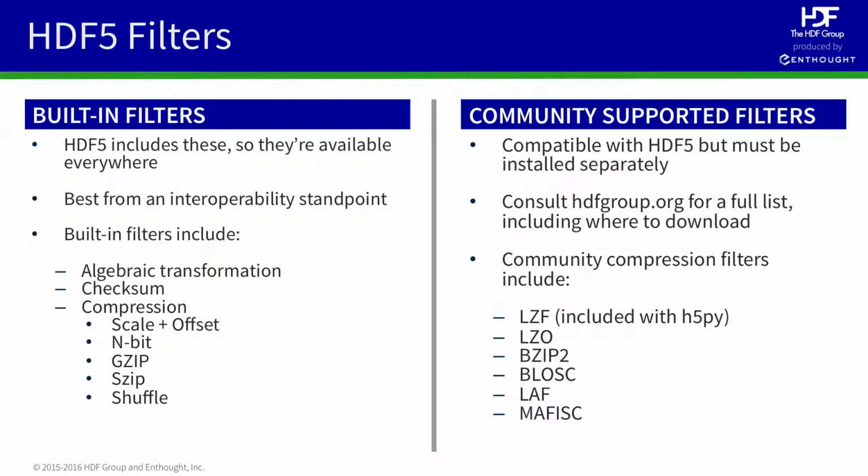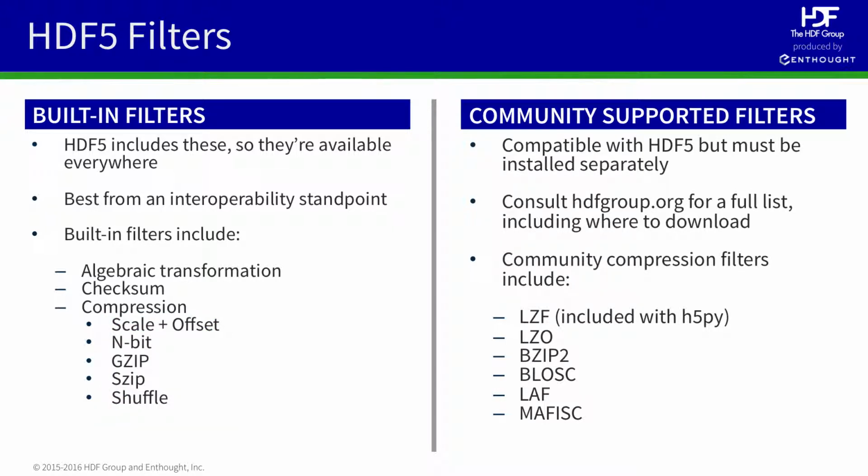HDF5 supports a wide variety of filters. It's important to remember that certain filters are provided by the HDF Group along with HDF5. These filters are available anywhere HDF5 is available. Therefore, they are by far the best for sharing data. Some filters from the HDF Group include the checksum filter and many compression filters that are appropriate for different use cases and data.